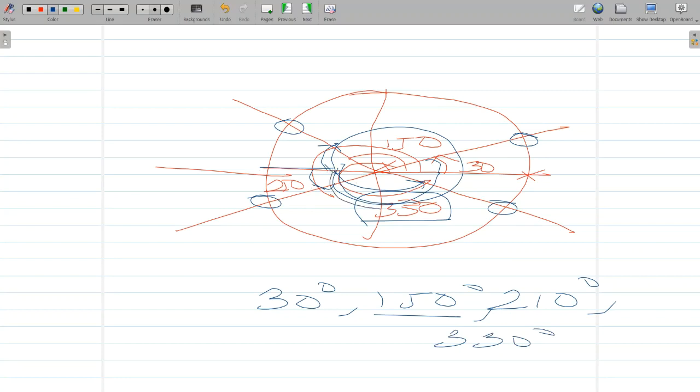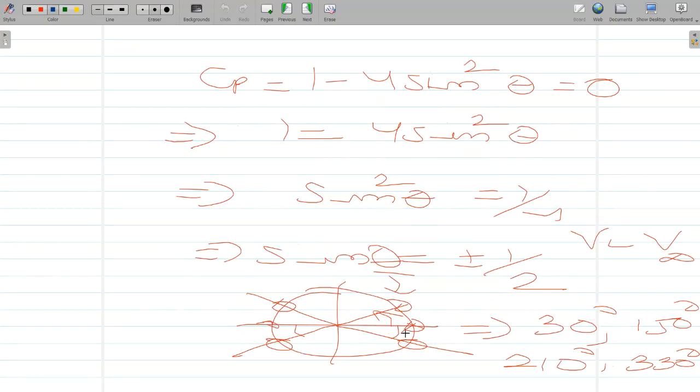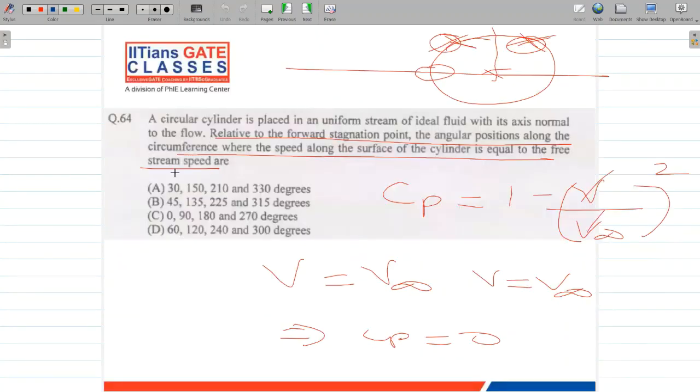So the angular locations where V equals V infinity are 30, 150, 210, 330. That was very similar to my old convention as well, but just to be on the safer side of the question, with respect to the front stagnation point, it's at 30, 150, 210, and 330.